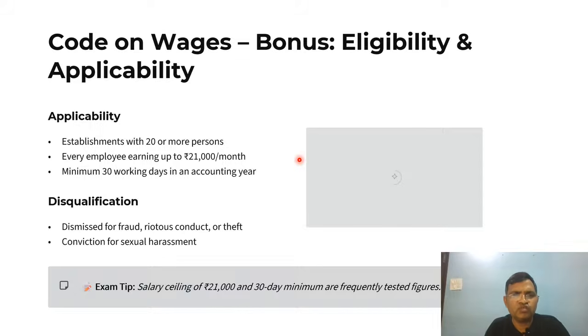Disqualification: the bonus is not applicable when there is fraud, riotous conduct, theft, or conviction for sexual harassment. The salary ceiling is 21,000 and the minimum is 30 days; these are frequently tested figures.